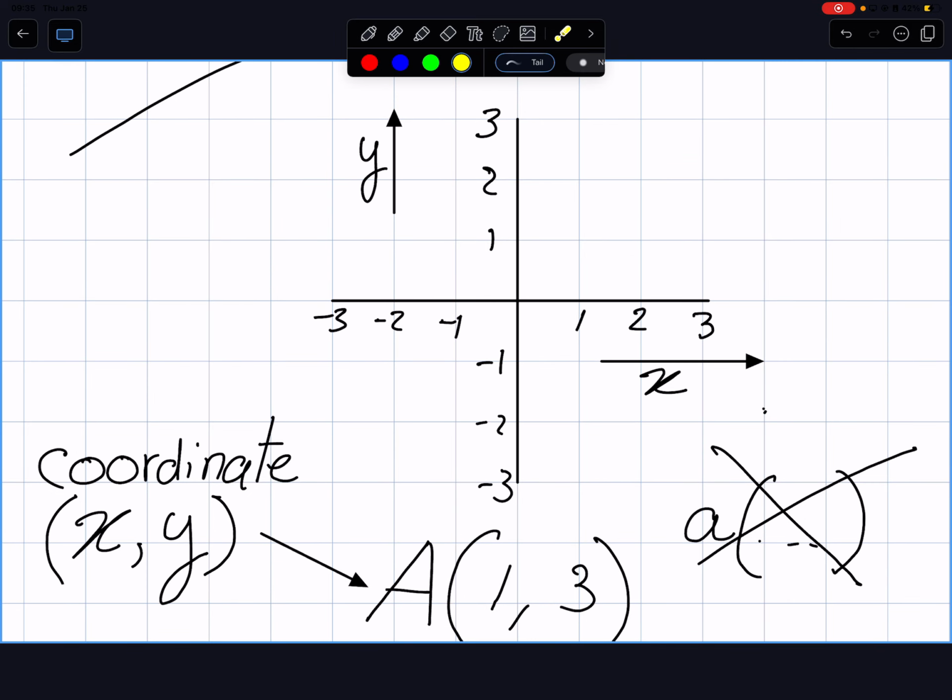You would always go first in the x-axis. X is the first one. You move to 1. Afterwards, you move in the y-axis, which is 3. So 1, and then 1, 2, 3. There we are. There is the coordinate of A. Easy peasy.